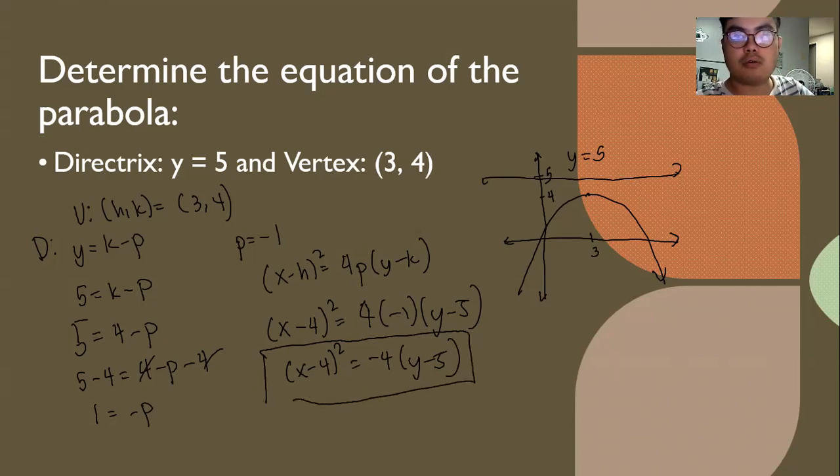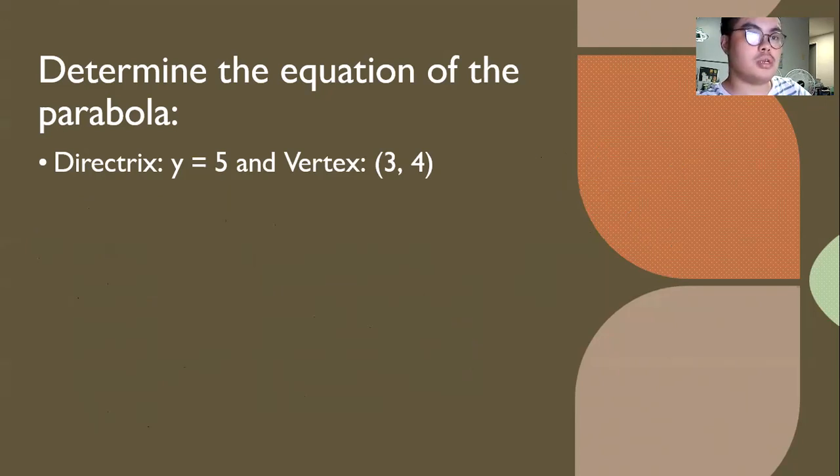Okay, so now we are going to add more questions about this. So if our directrix is x is equal to 3 and our vertex is equal to, shall I say, 1 and 5.